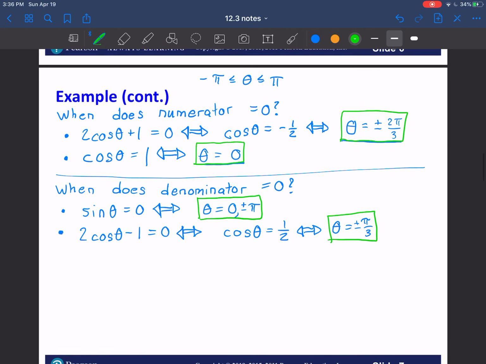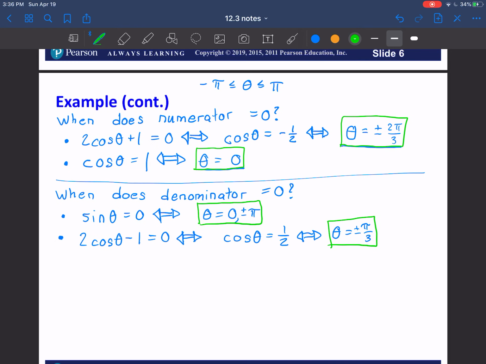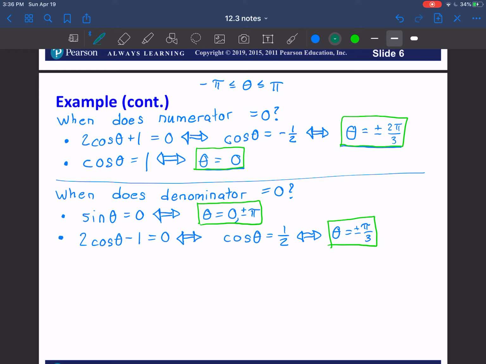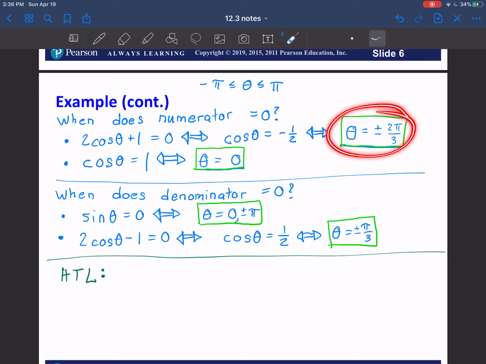All right, so using all of this information, we have the following. Let's use a green. Horizontal tangent lines occur whenever the numerator is equal to 0 and the denominator is not. So the numerator is equal to 0 at these values for theta.